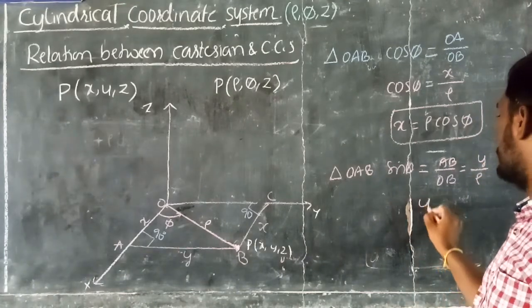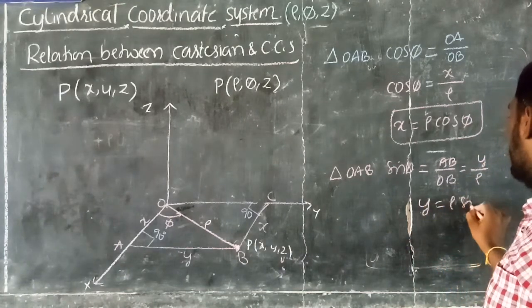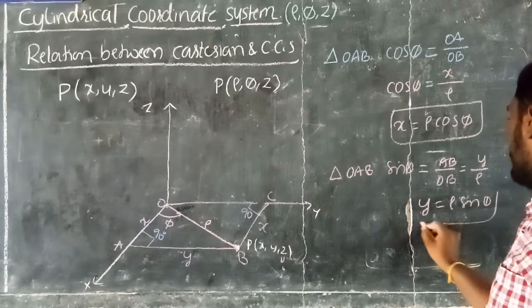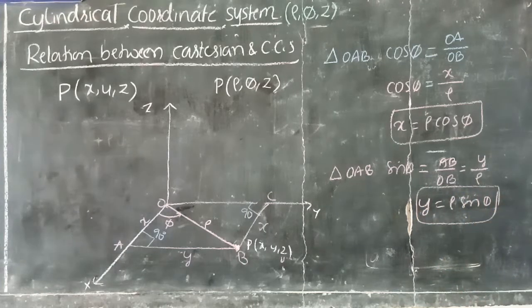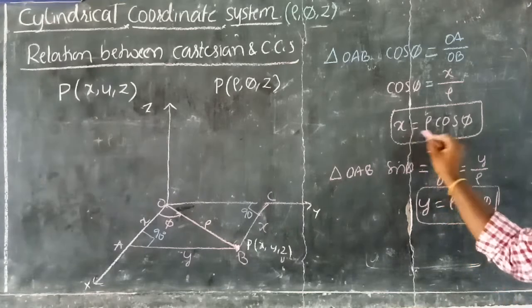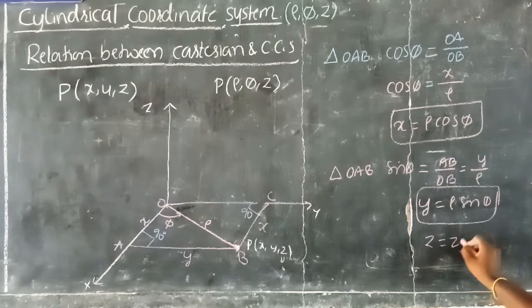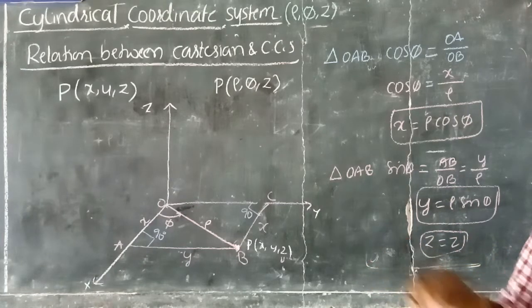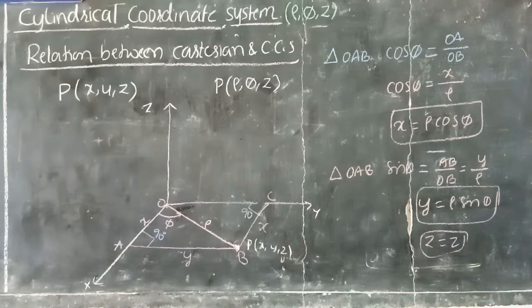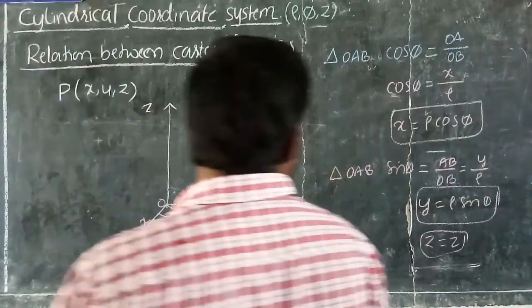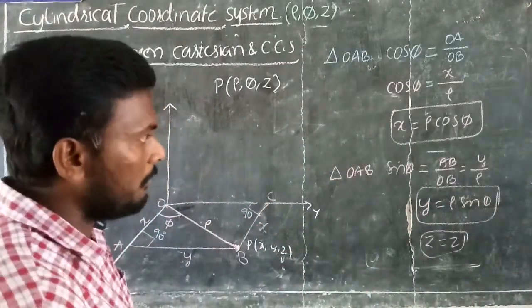So y is equal to rho sin phi. Now, x is equal to rho cos phi, y is equal to rho sin phi, and z is equal to z, because the point is at the same location for the Cartesian system and the cylindrical system.